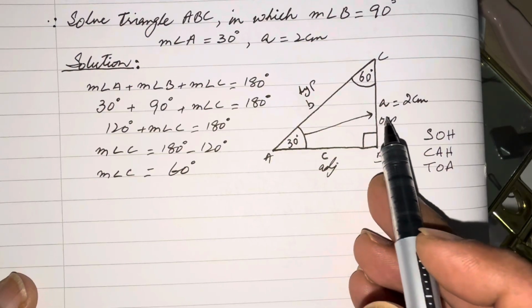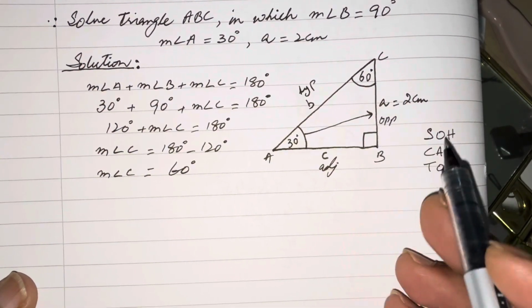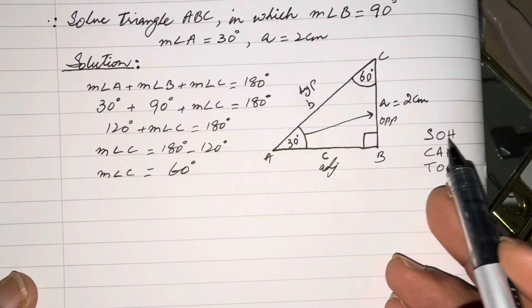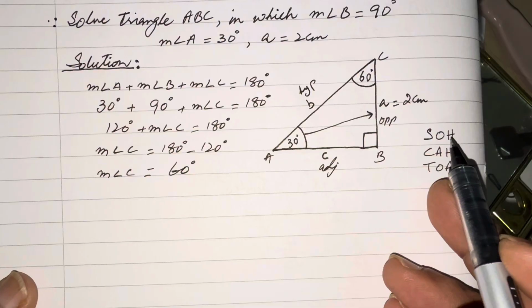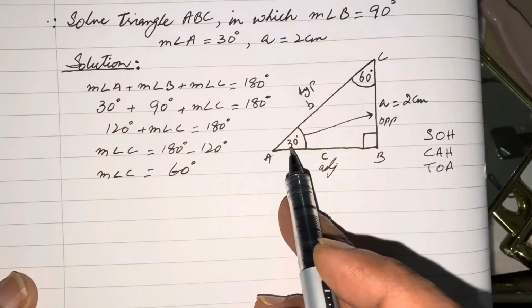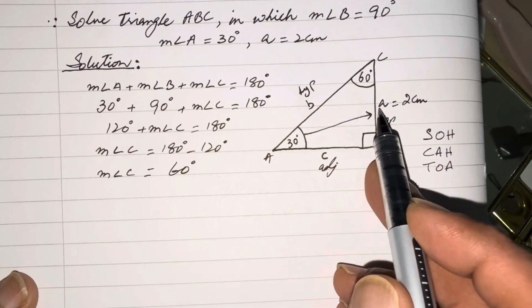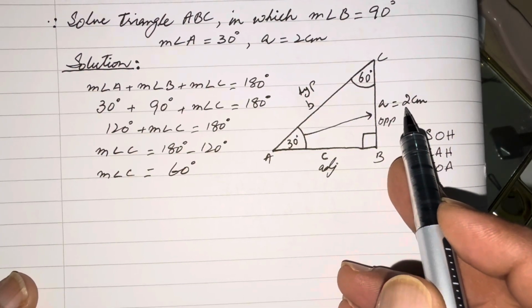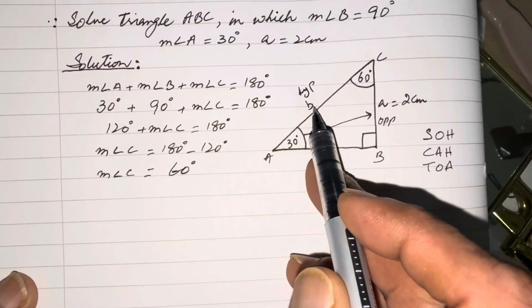If you compare the first word, SOH, sine is equal to opposite over hypotenuse. If we are talking about sine 30, then the opposite side is this one, a, given as 2 centimeters, and the hypotenuse we have to find.